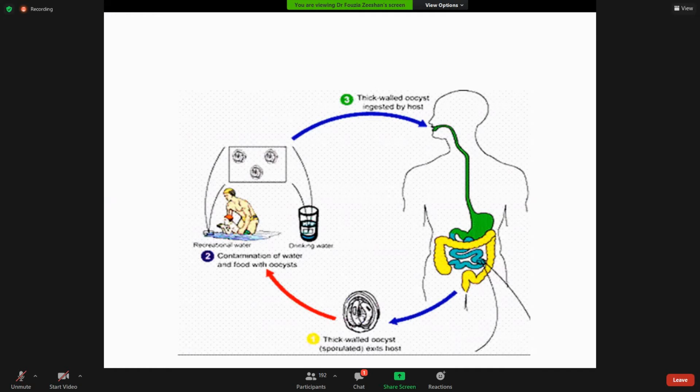I am just explaining to give you the idea of how we take contaminated food, and how that food contains different cysts and trophozoites of different protozoa, and when we take this food, these cysts get converted into trophozoites in our GIT.